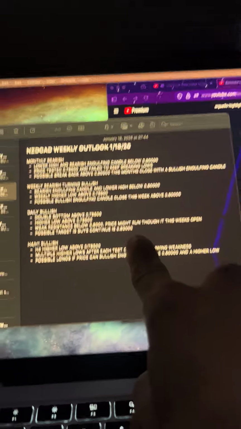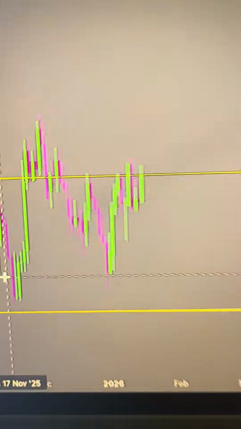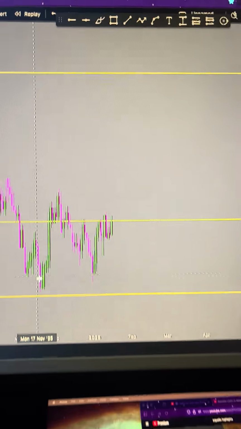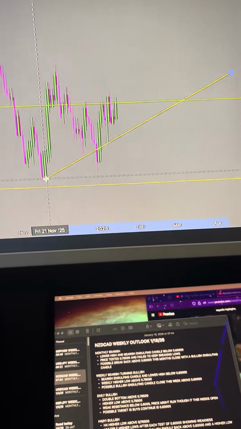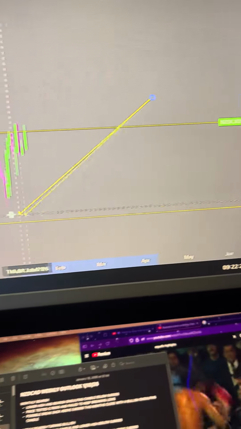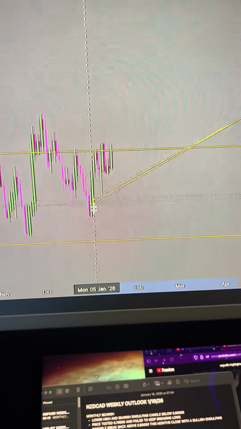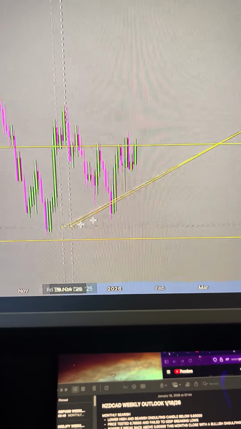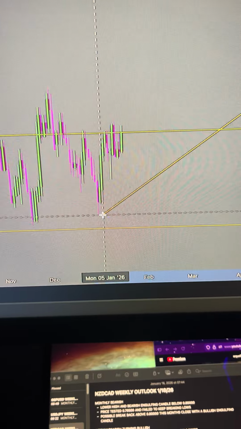Price might run through it this week's open, right? So what I'm talking about is this right here. You can see every test after we came and tested 0.78500, every test of 0.80, this was a strong test, but it did not break these lows. The second test was a weaker test because it did not break this low, right?